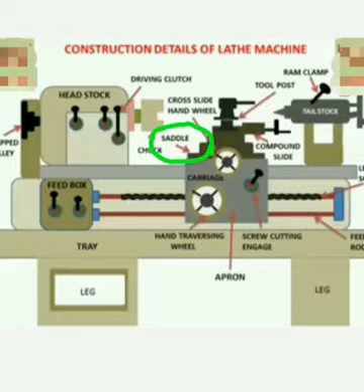The apron comprises the driving mechanism and facilitates manual as well as power feed to the carriage. The cross slide is used to provide cross feed to the tool. Here we can see the cross slide hand wheel.